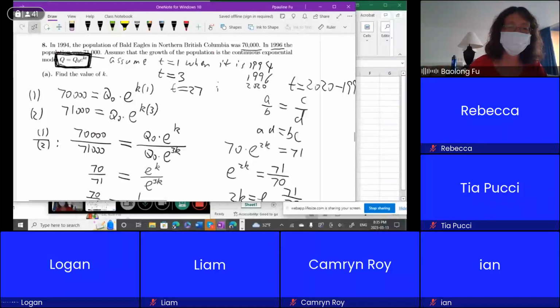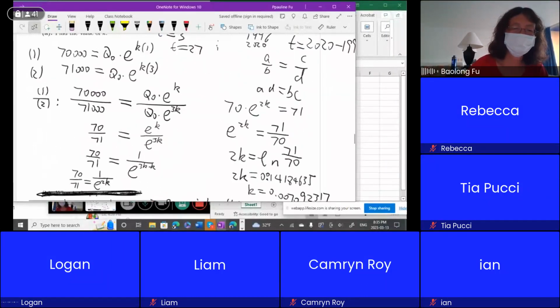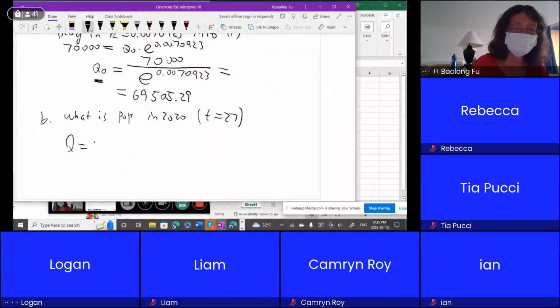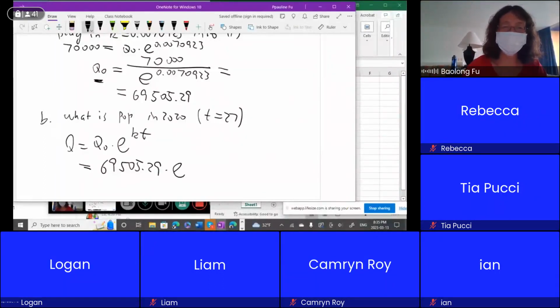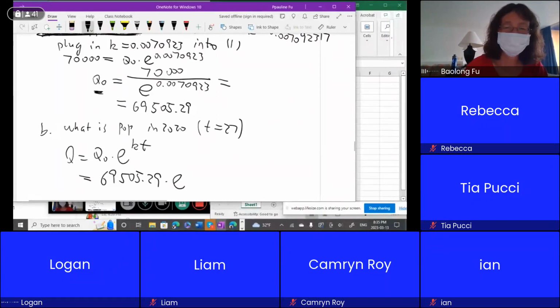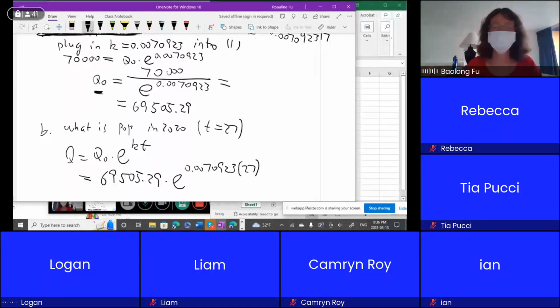Q equal to Q0 e^(KT). Q0 is this number. K is 0.0070923. T is 27 times this one.